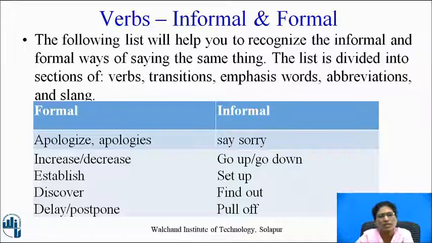The same words we are using in a different manner in informal language, by using different verbs. For saying sorry, we can say I'm sorry, go down, go up, set up, find out, pull up.